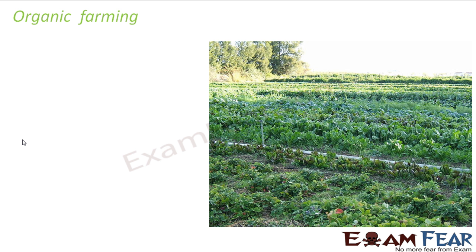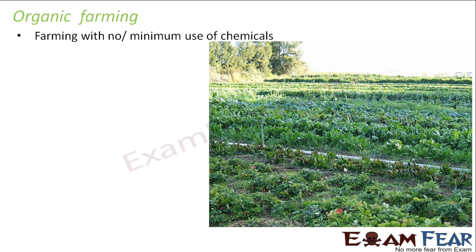Now, if you think about the pros and cons of both manures and fertilizers, so in organic farming, what is organic farming? It is a type of farming with no or minimum use of chemicals. So that means we saw both the advantages and disadvantages of manure and fertilizer. So what did we conclude?